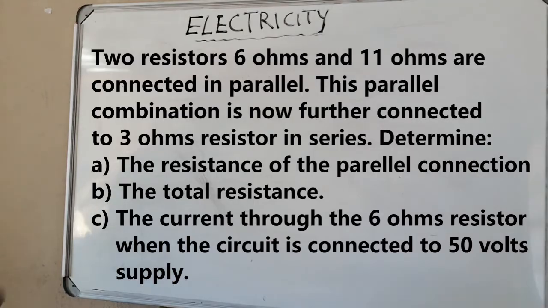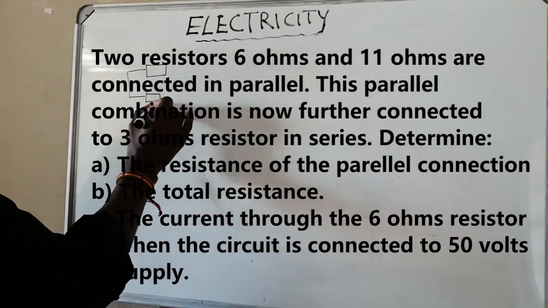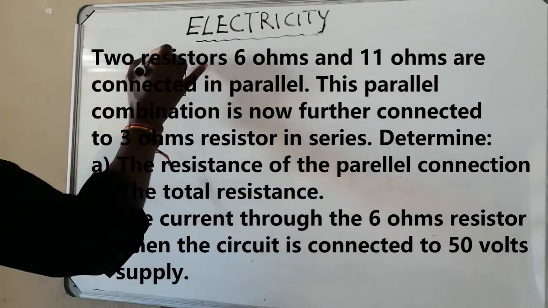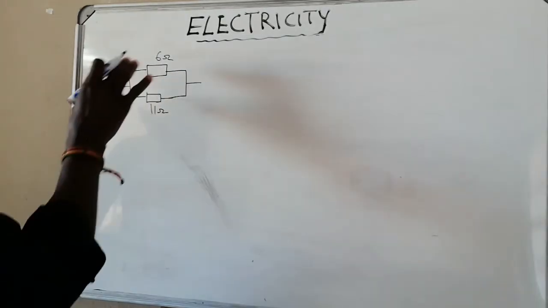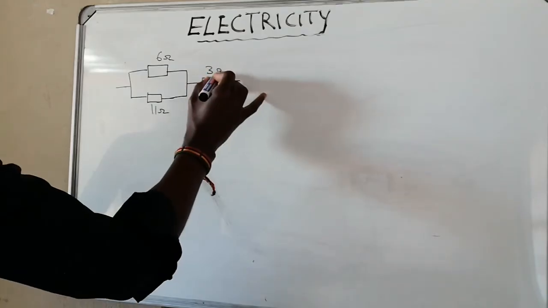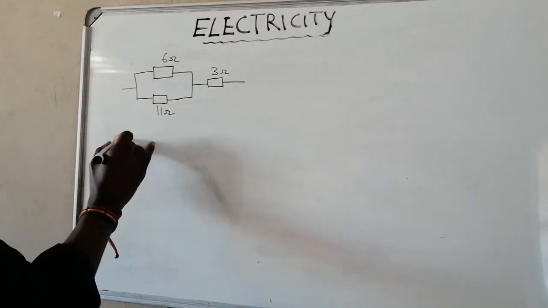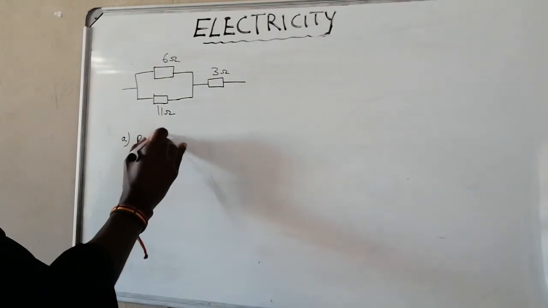Alright, so I'll just do a sketch of how this circuit looks like. And we have 11 ohms. These two parallel resistors are now connected to a 3 ohm resistor. The first question says determine the resistance of the parallel. So our first question, resistance.